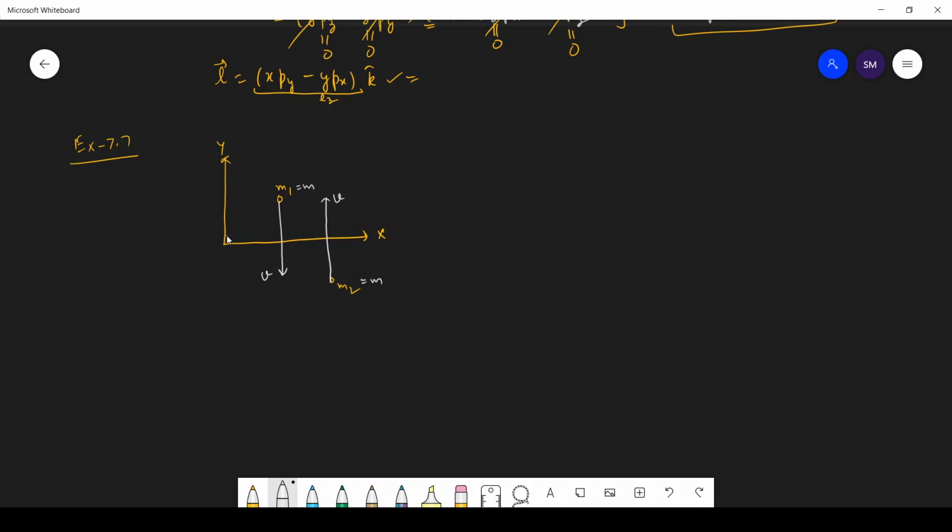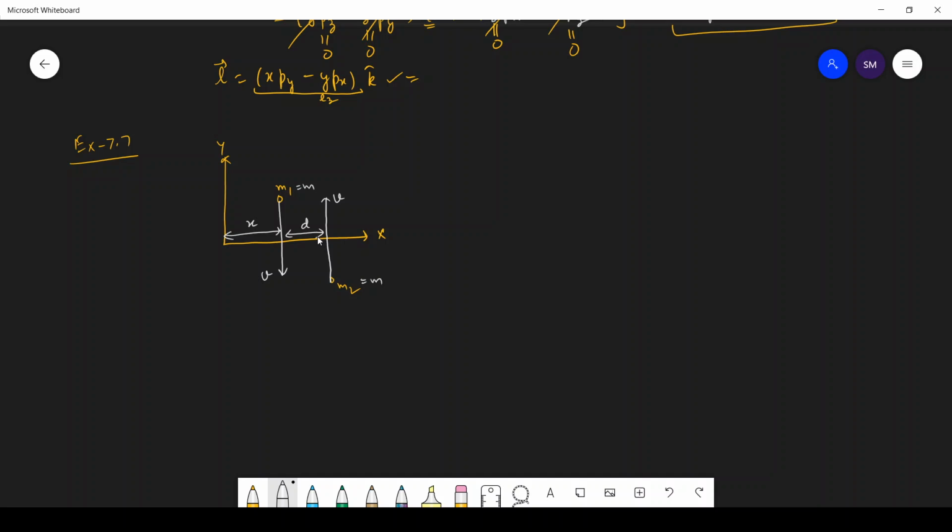So let us assume that the x coordinate of the first mass m1 is x and the distance between them is d. So they are separated by a distance d. We have to show that the vector angular momentum of the two particles is the same whatever be the point about which angular momentum is taken.